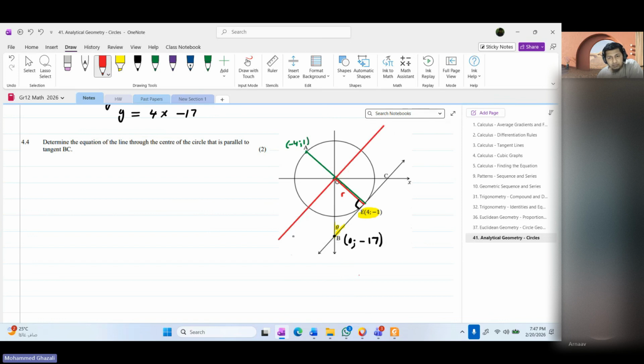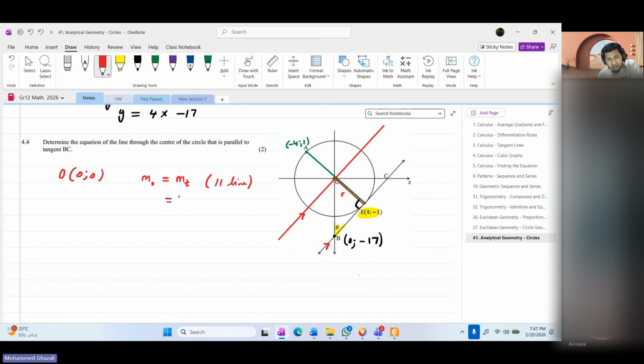That's what we want. It must be parallel to BC, but this line must pass through the center of the circle. So it obviously passes through the point O, (0, 0). And the gradient of this line is equal to the gradient of the tangent, because parallel lines.